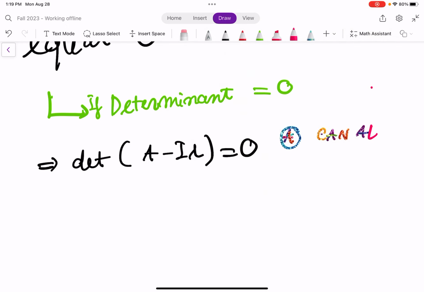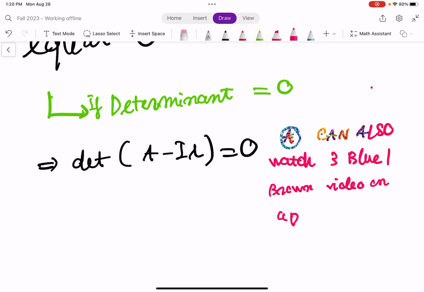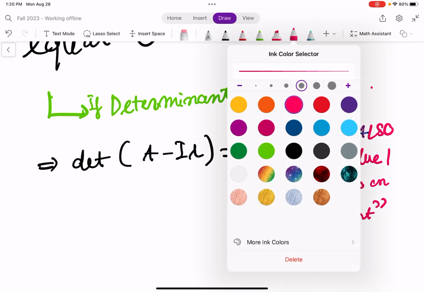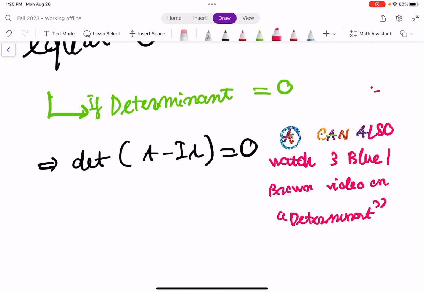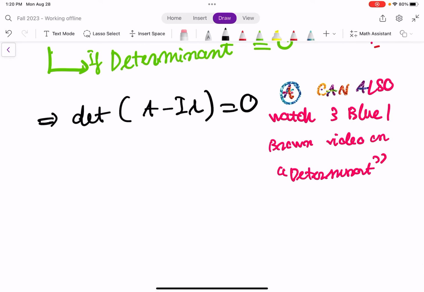Let me try this. Also watch the 3Blue1Brown video on determinants. Okay, so the determinant equals 0, and you can definitely obtain lambda 1 here.